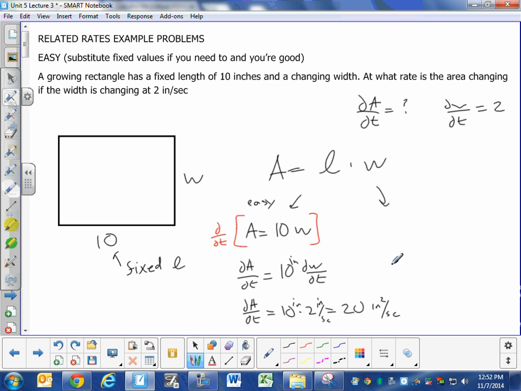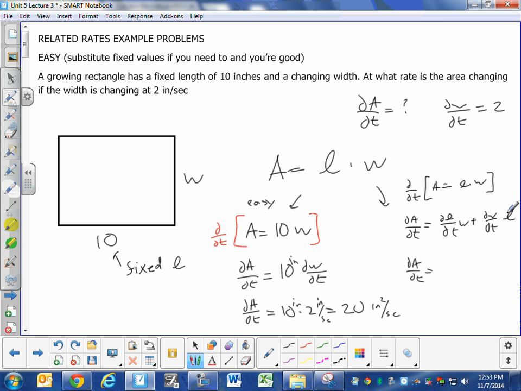Okay, that was the easy way. That's how I want you to do this. Now, the hard way that books do is they just differentiate this before plugging anything in. And they say, okay, I got dA/dt is equal to dL/dt times W plus dW/dt times L. And then they said, okay, I'm trying to find dA/dt.